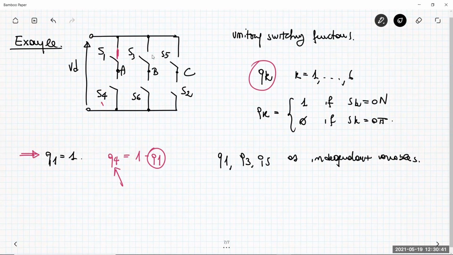Of course, you can have different combinations of the switches. Let's start by considering one of these possible combinations. For example, let's consider what happens when Q1 is 1, when Q3 is 0, and when Q5 is 0. These are independent variables, so I can choose this specific combination.